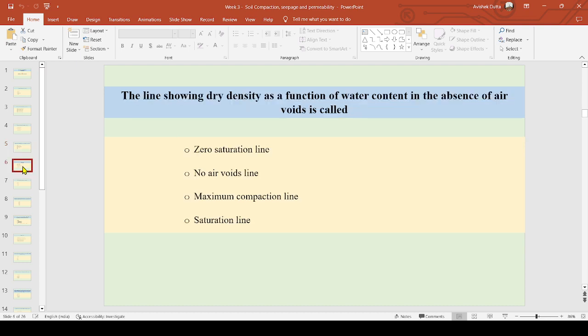The line showing dry density as a function of water content in the absence of air voids is called, the options are zero saturation line, no air voids line, maximum compaction line, or saturation line.